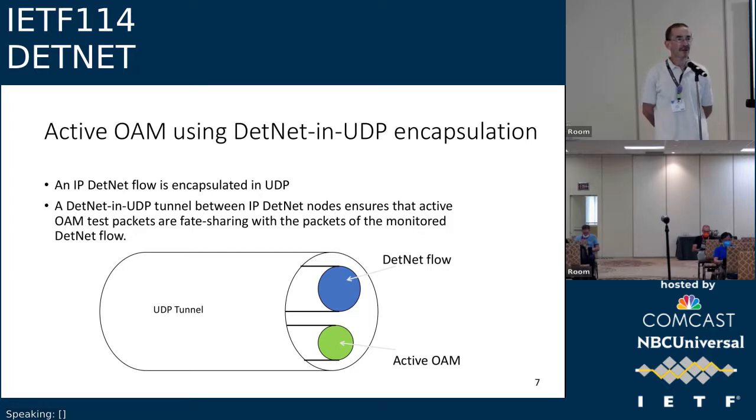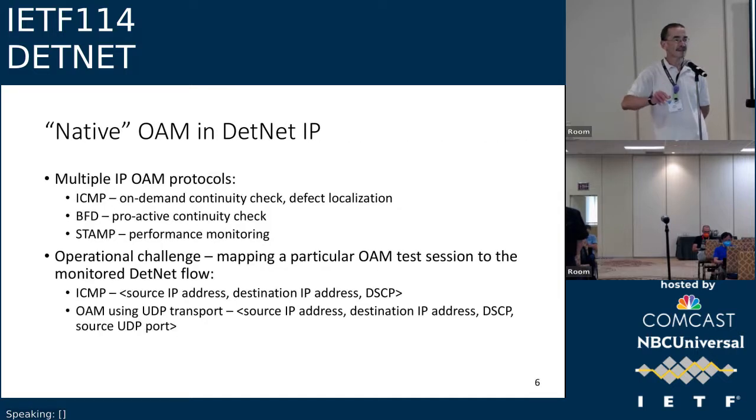So if it's not an external UDP encapsulation, then the destination port number has to be for the given protocol. And then it's basically the case of the previous slide, what I refer to as existing OAM.